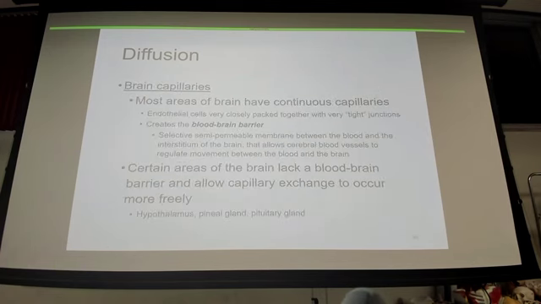Brain capillaries, continuous capillaries. Anybody ever heard of the blood-brain barrier? All right. So we want to highly regulate the stuff that gets into our cerebrospinal fluid. So there is a blood-brain barrier, tighter junctions within the capillaries. Basically, it's a semi-permeable, more selective membrane that's packed tighter so that things don't freely cross.